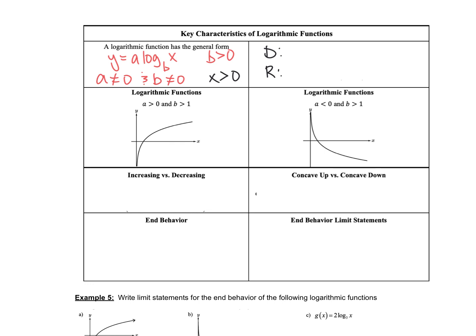That being said, let's talk about domain and range. When we think about an exponential function, it grows forever or decays forever. What was its domain? Negative infinity to positive infinity. So what's that going to match in my logarithmic function? The range. So negative infinity to positive infinity.